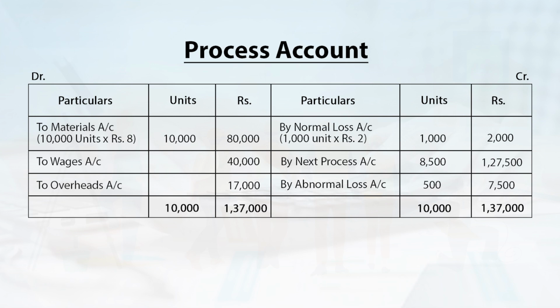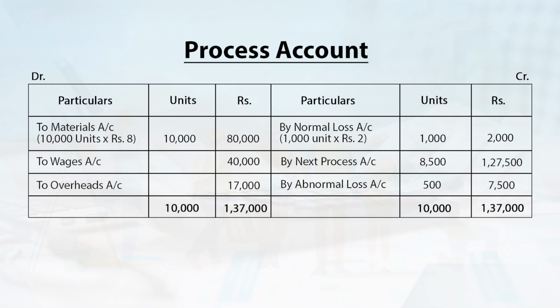Then to wages account rupees 40,000, to overhead account rupees 17,000, the expenses of process account given. On credit side we will write by normal loss account, our normal loss given is 1000 units. So, in unit column we will write 1000 units and it is sold at rupees 2 per unit. Therefore, our realization value comes to rupees 2000.